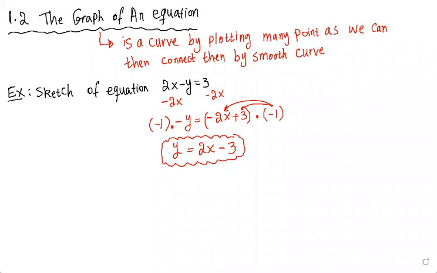So let me draw a table. So this is my x and this is my y. y equals 2x minus 3, and we use it to get the points x and y.